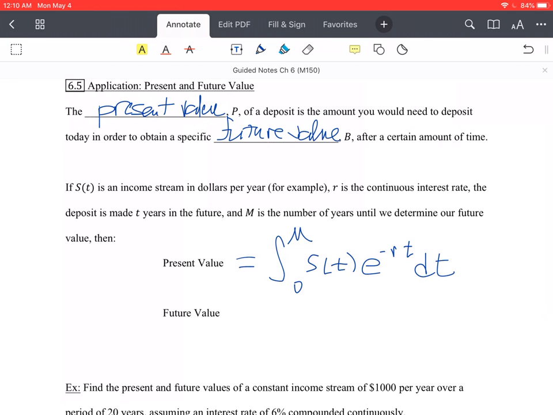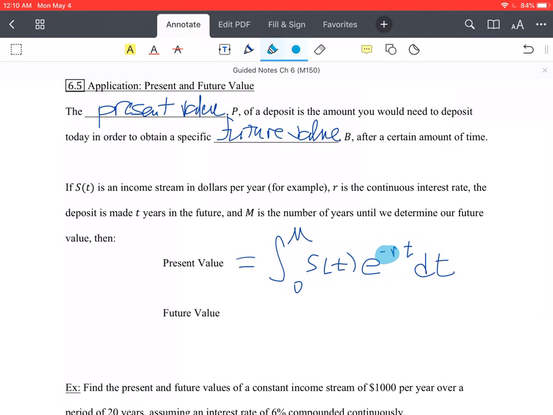Now I want you to think about this for a second, why that might give us the present value. We're going from 0 to M, so we're looking at the entire lifetime of the investment between now and the future value, with this much money coming in, an income stream in dollars per year, and then e to the negative rt. Think about what that's going to do with our interest rate and t, because t is only going to increase as time passes.